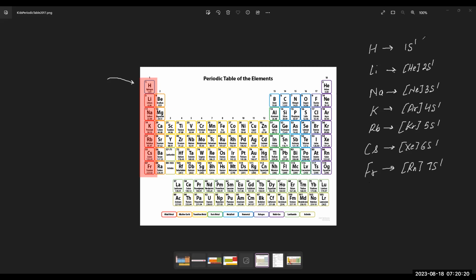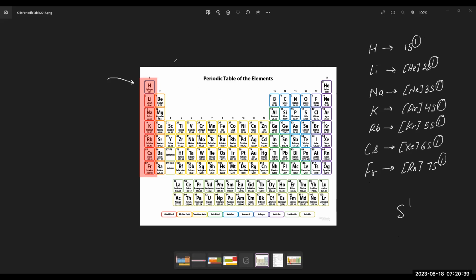Yes. Everything has 1 electron in the outermost shell. 1 electron. Can you see that, children? And in all of them, the outermost subshell is S. It is S1.